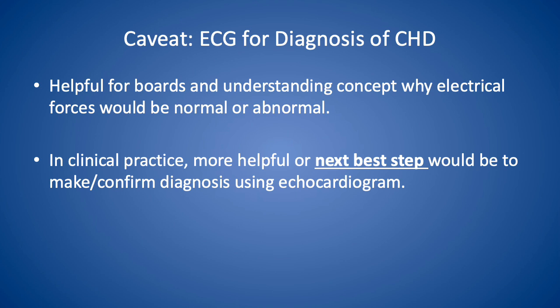So this is great for the boards and understanding the concept of why electrical forces would be normal and abnormal, but the reality is in clinical practice, if we're looking at a next best step to confirm the diagnosis, it would likely be an echocardiogram.